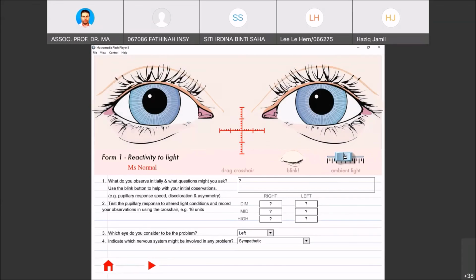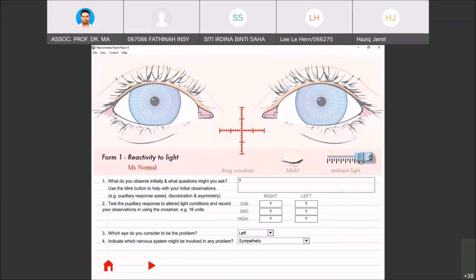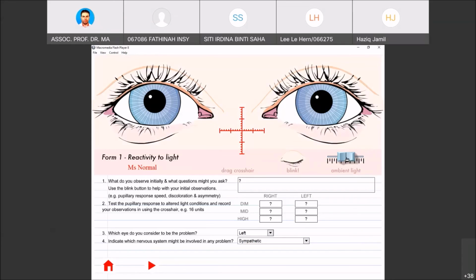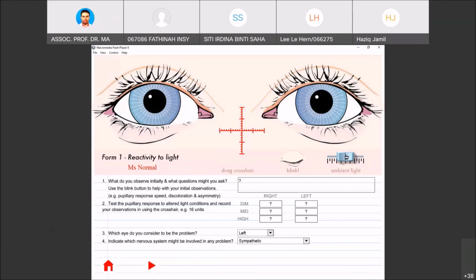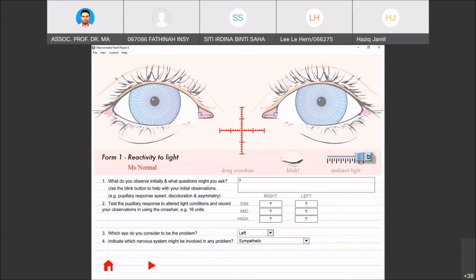If we stimulate one muscle, like we stimulate the constrictor, we cause active miosis. If we stimulate the radial muscle, we cause active mydriasis. But the other way around, if we paralyze the radial muscle, that means there is no more pupillary dilation. We end up with, again, miosis, but this miosis is not active, it's passive.